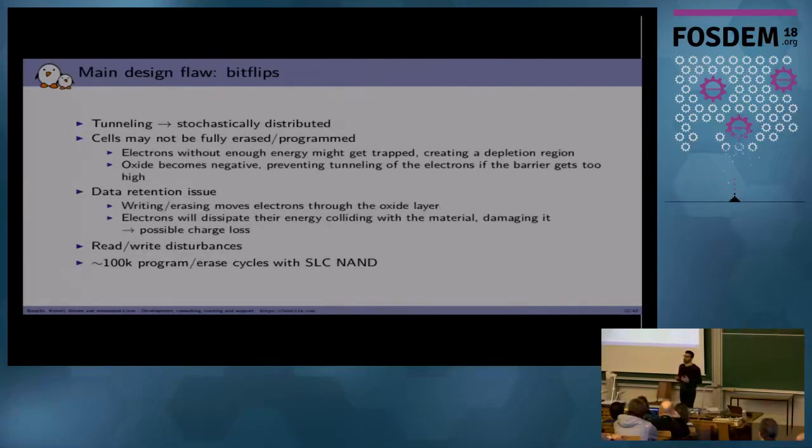So the insulator might not be a completely fine insulator anymore, and with time, electrons can get out of it. And also there are read-write disturbances. When you read and write pages, you apply voltages across the cells just next to other pages, and it creates disturbances.